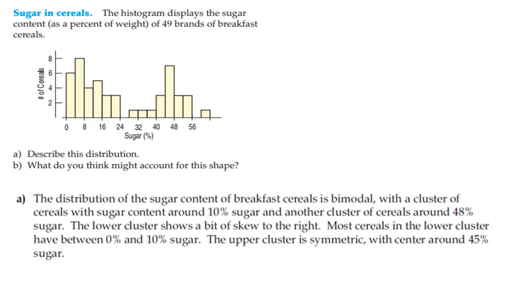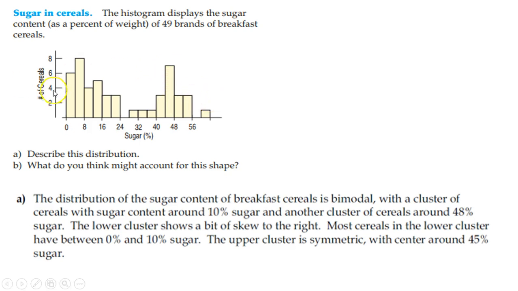So the distribution of the sugar content of breakfast cereals looks bimodal. Bimodal meaning we got one hump here and another one, two modes, with a cluster of cereals with sugar content around this 10-ish percent mark, and then the other cluster is around this 48-ish percent mark. The lower cluster shows a bit of skew, right?